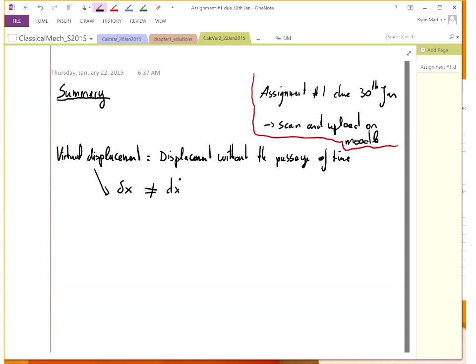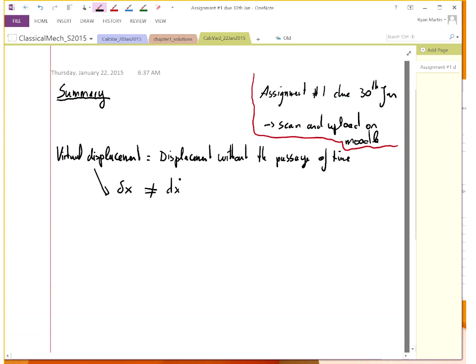So remember, if x maybe describes the position of some particle as a function of time, dx is how much x changes when time changes by an amount dt. Whereas delta x is a change in x that is without the passage of time.